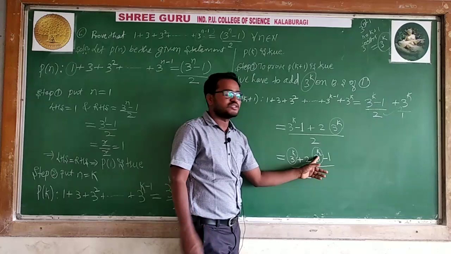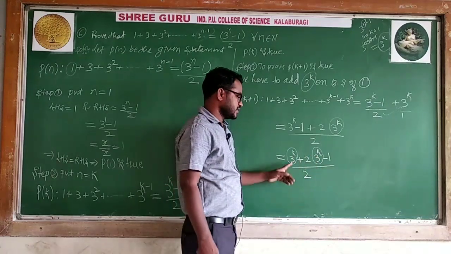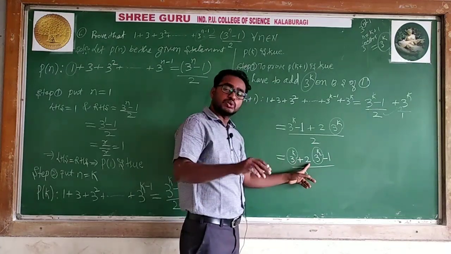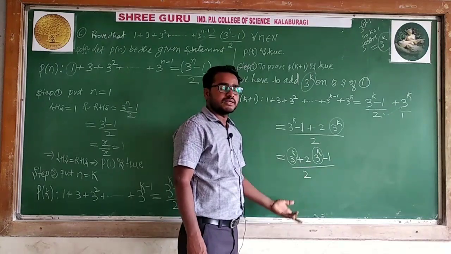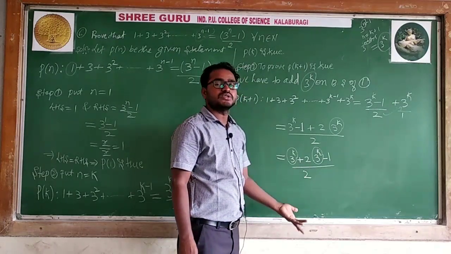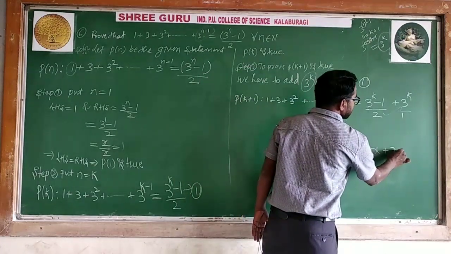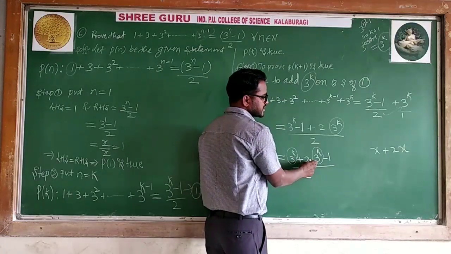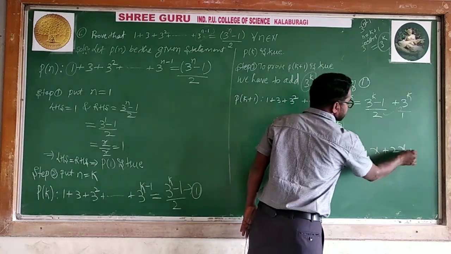What is the chocolate? Chocolate is nothing but 3 to the power k. This is 1 times 3 to the power k and this is 2 times 3 to the power k. It is like x plus 2x, where x is 3 to the power k. So x plus 2x is how much?